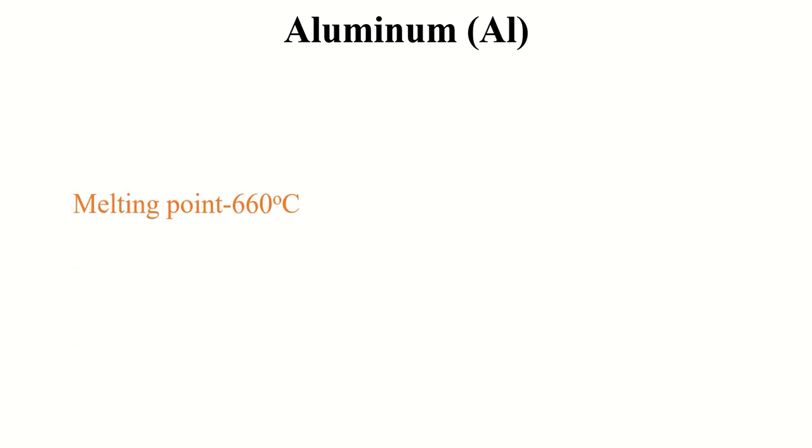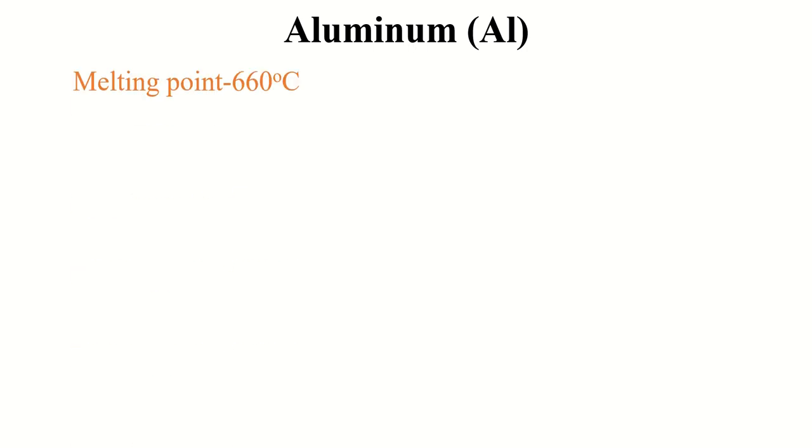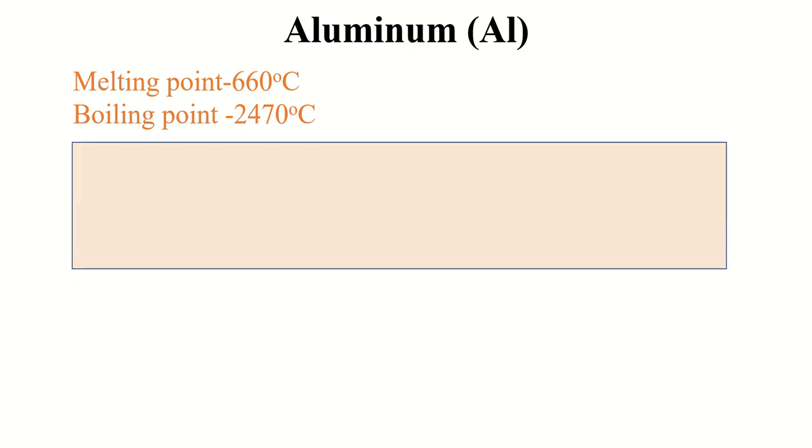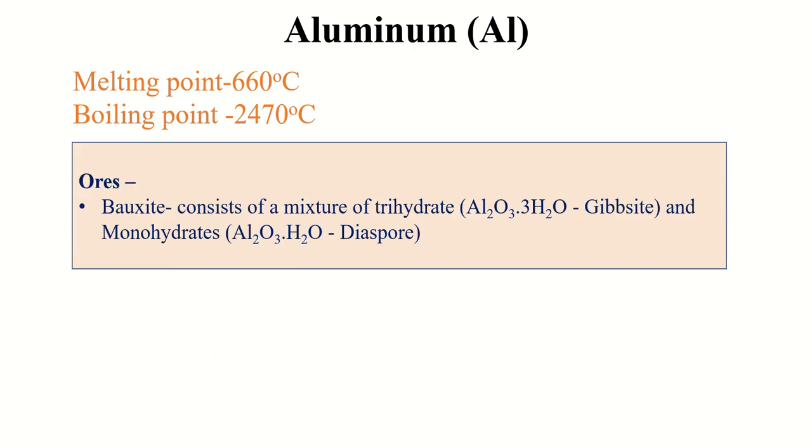Aluminium has a melting point of 660 degrees centigrade and a boiling point of 2470 degrees centigrade. The principal ore of aluminium is bauxite, which consists of the trihydrate, called gibbsite, and the monohydrate, called diaspore.